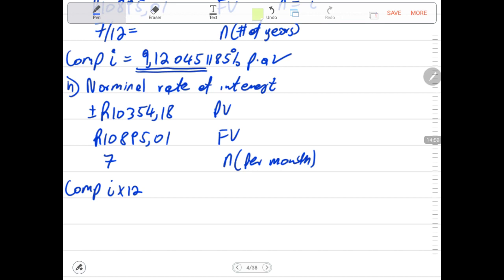We say plus minus 10,354 and 18 cents is the present value. Then 10,895 rand 01 cents is the future value. Then 7 is our N. We compute interest. The interest is 0.7300002814 per month. Please don't put the multiplier in yet, because I've not multiplied yet, but I will multiply by 12.